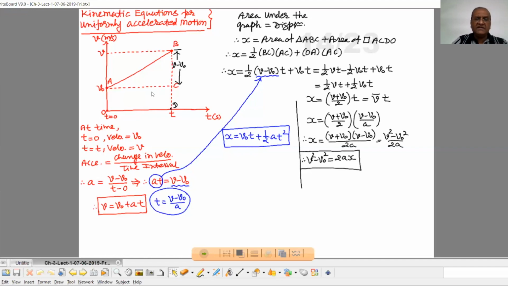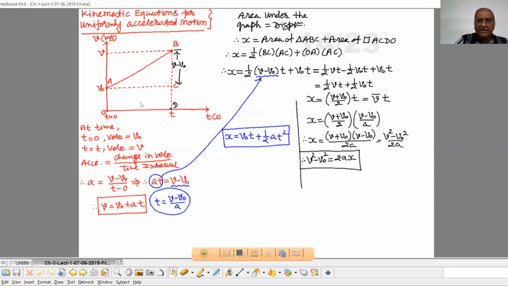Now, we already discussed that the area under the graph gives displacement. So displacement x is equal to the area under this graph with respect to the time axis, that is the area of this trapezium ABDOA. Now divide this into two parts, the triangle ABC and the rectangle ACDO.